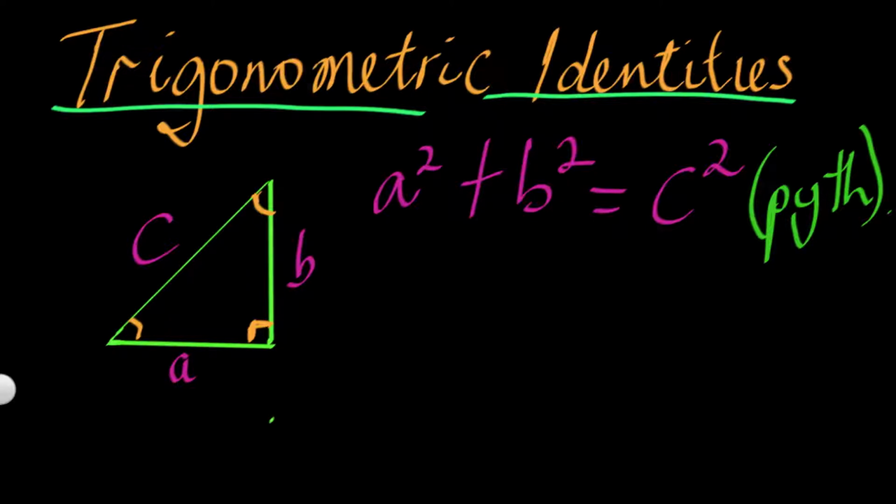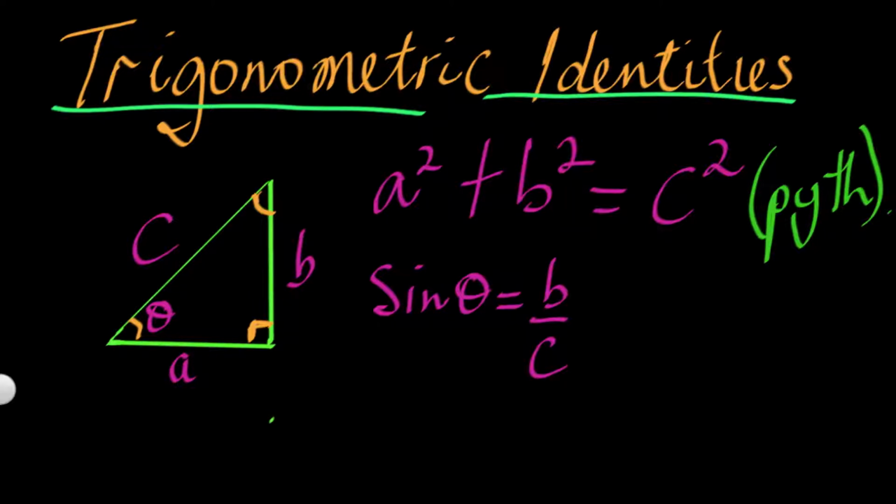If I choose to call this angle here theta, this is angle theta, I can say sine of theta is equal to B over C. The sine of theta is the opposite over the hypotenuse.